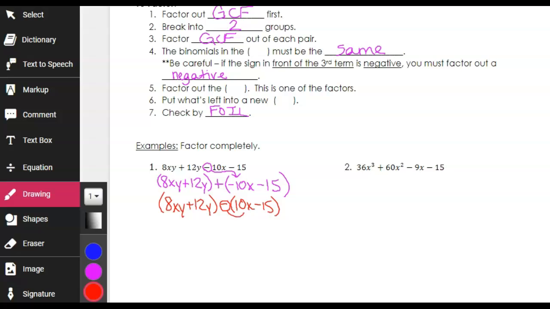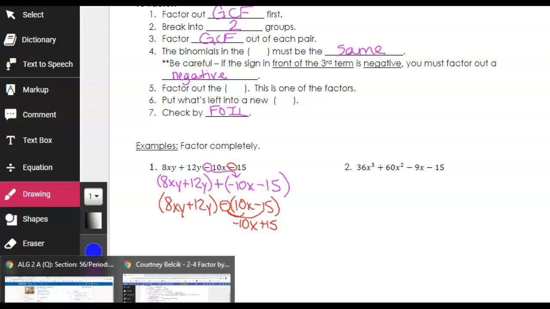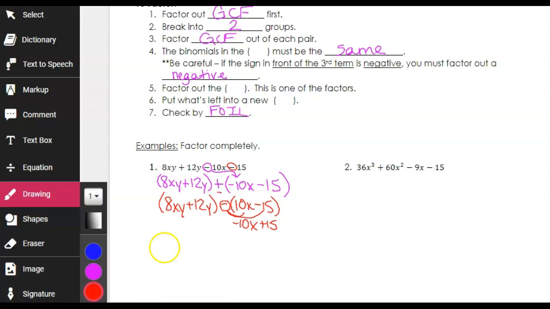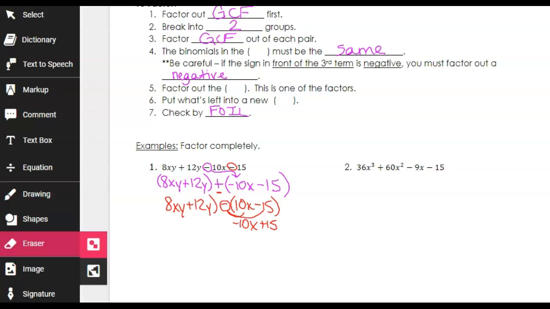So this would have been minus 10x, which would have been fine, but then if I distribute the negative to the negative 15, that would have been plus 15, and that's not what we have here. So including that negative sign inside of the parentheses and having a plus join the two sets of parentheses, that's what you want. You don't want the negative sign to be outside of the parentheses. So just an example of something that you should not do. Let me go ahead and erase my red.